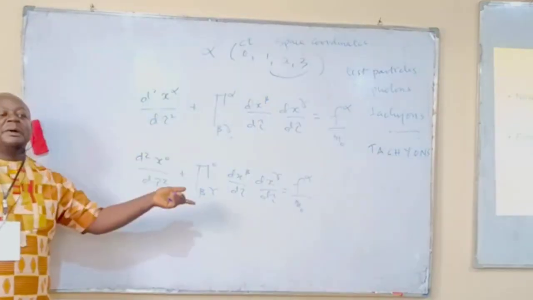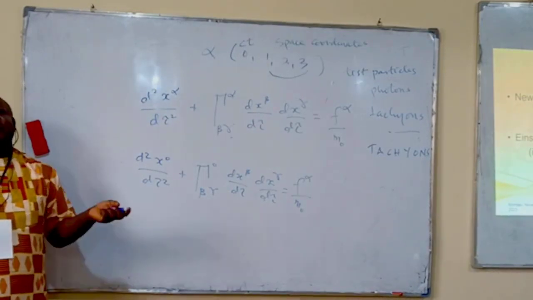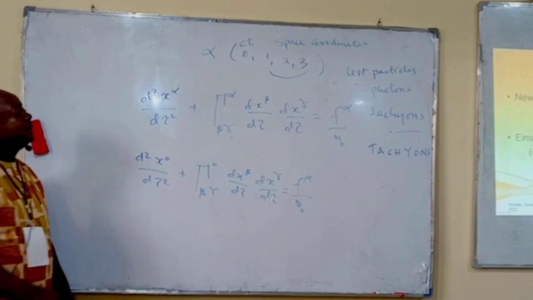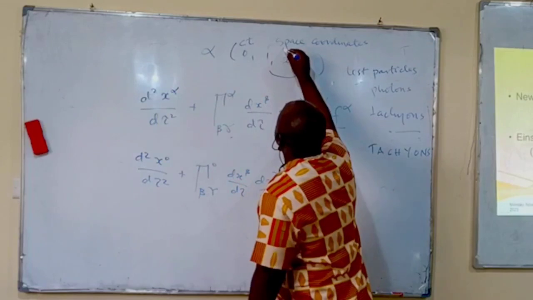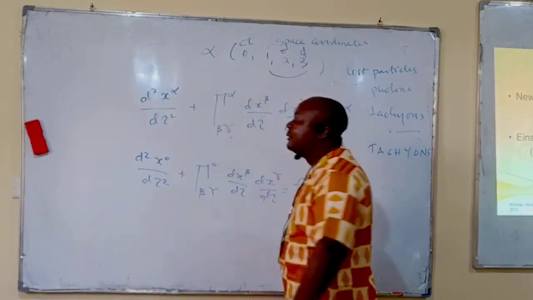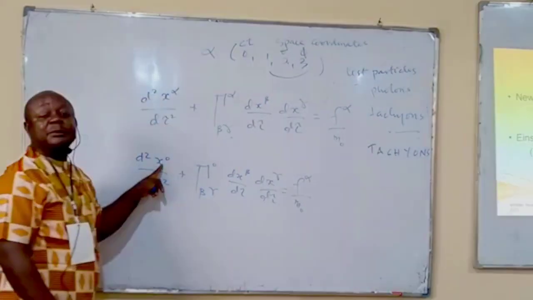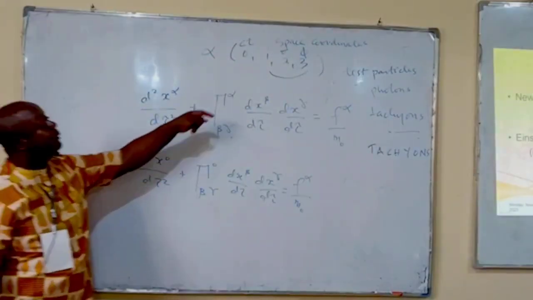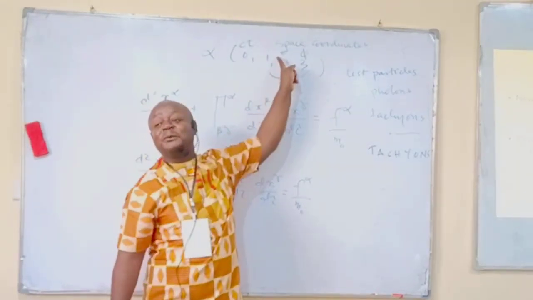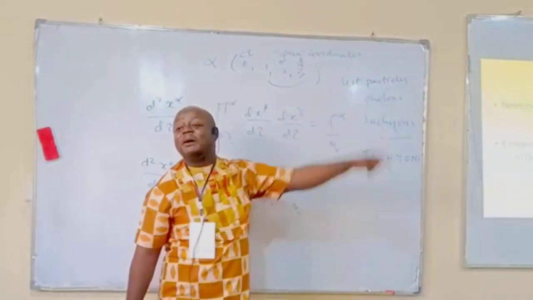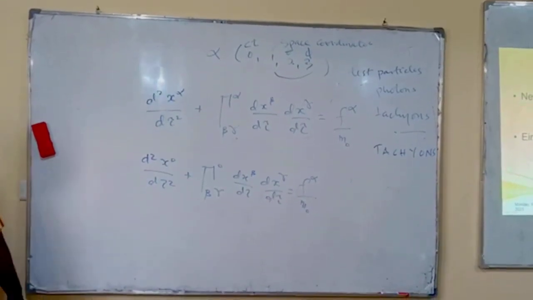The third equation will be when it is 2, and the fourth when it is 3. So if we were working, let's say, in spherical polar coordinates, then our 0 will be time, our 1 will be r, our 2 will be theta, and our 3 will be phi. So the first equation will be our time equation, our second equation will be our radial equation, our third equation will be our polar equation, and the fourth equation will be our azimuthal equation. So we're going to end up with 4 equations.